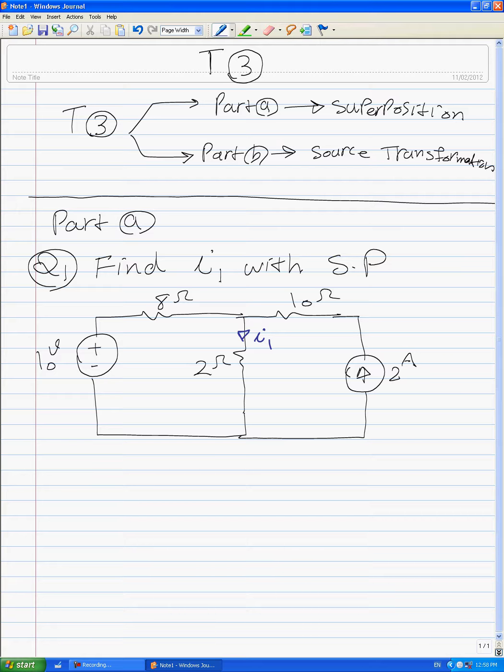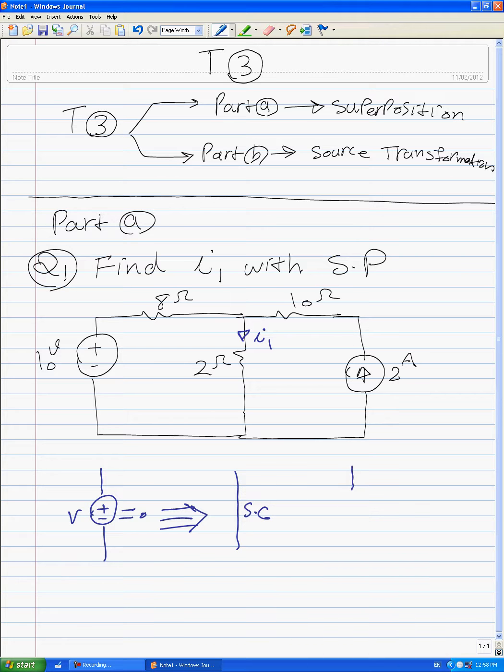And another important key is how we can change voltage and current sources to 0. It's very important. If we want to change, for example, a voltage source to 0, it means we should change the voltage source to a short circuit.